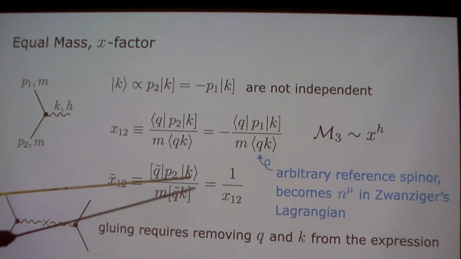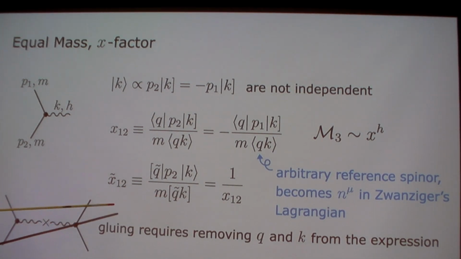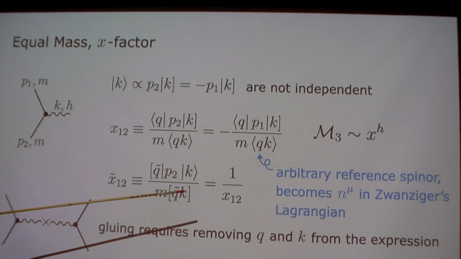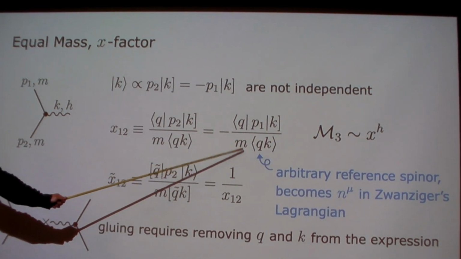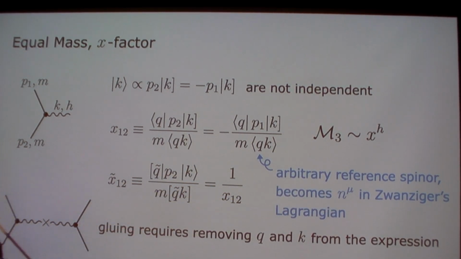And you can show that the inverse can be written like this, which we call the x tilde. So x and x tilde are kind of like the plus and minus helicity of this massless particle. What will happen later is that you will see this arbitrary reference vector q become something like the n vector in Schwinger's Lagrangian.